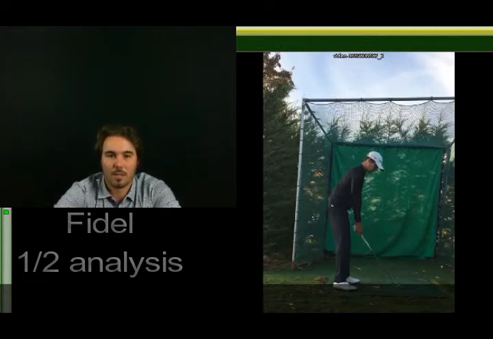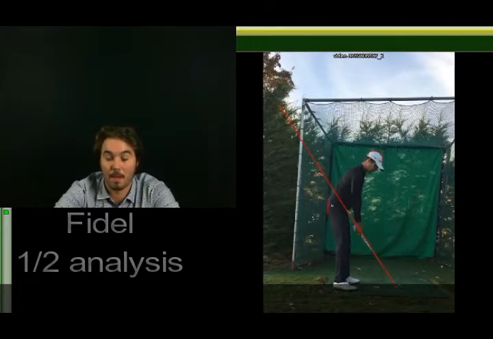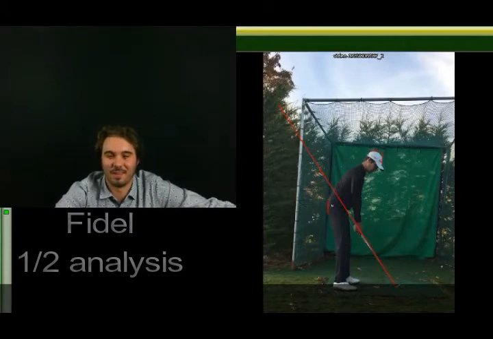Okay, folks, you can take a lot of things that Castro is doing in the backswing, which are really nice. Castro, sorry, it's Fidel. That's his nickname. So Fidel is doing a lot of things right on the backswing.